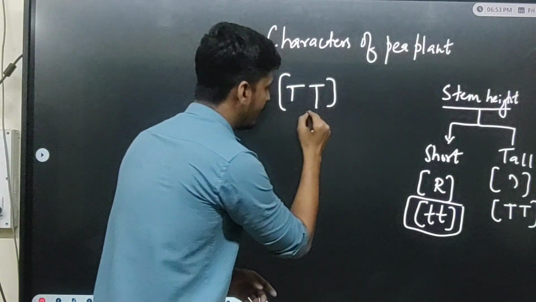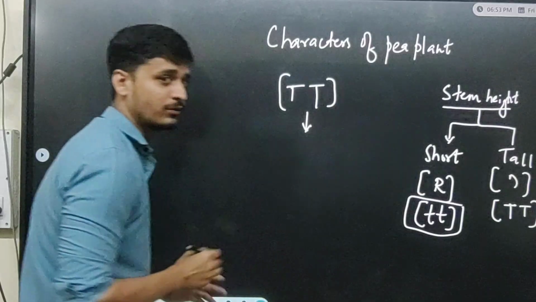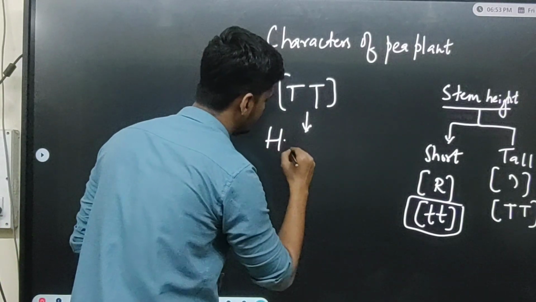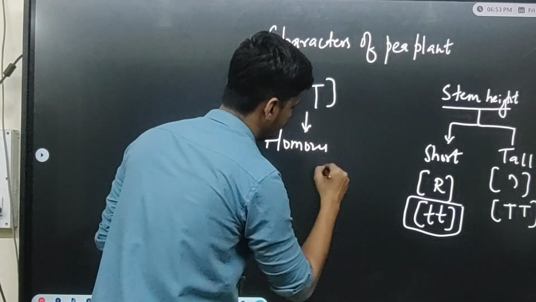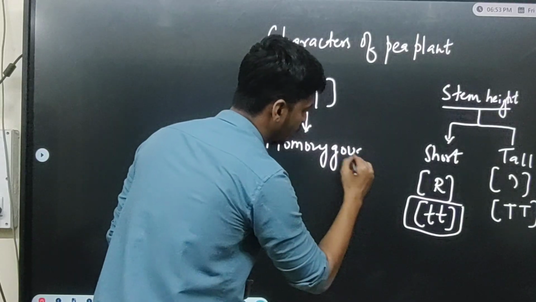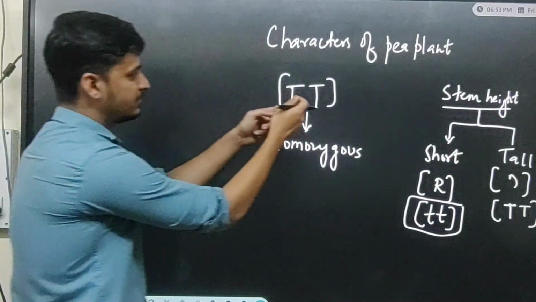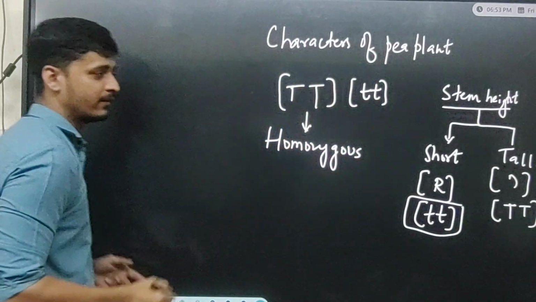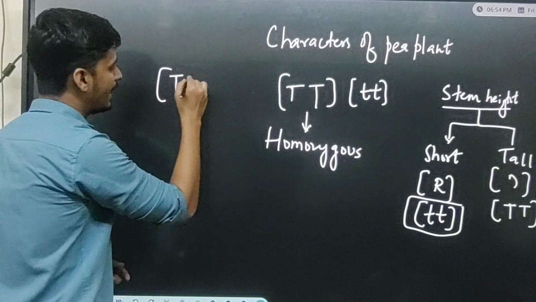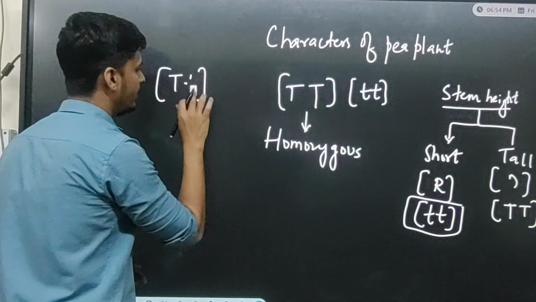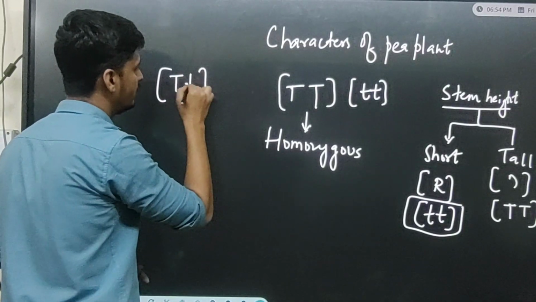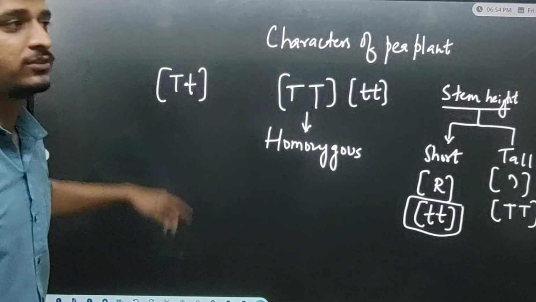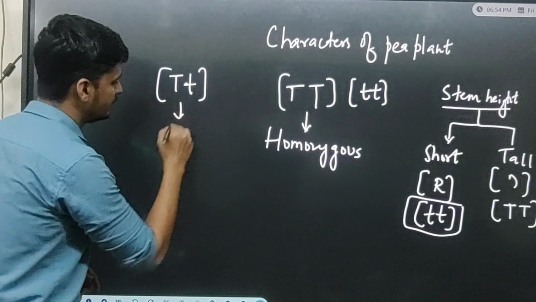When two similar alleles are present, this condition is known as homozygous condition, either capital T capital T or small t small t. Okay, if two different alleles are present, if there is capital T and small t, this condition is heterozygous condition.